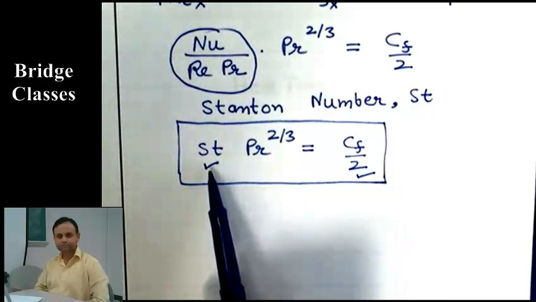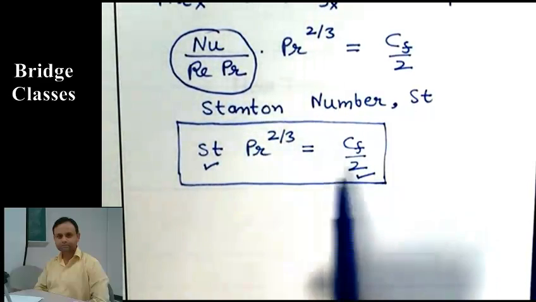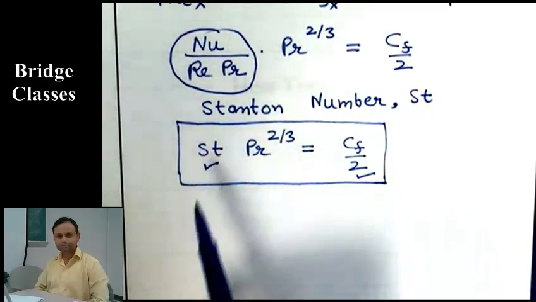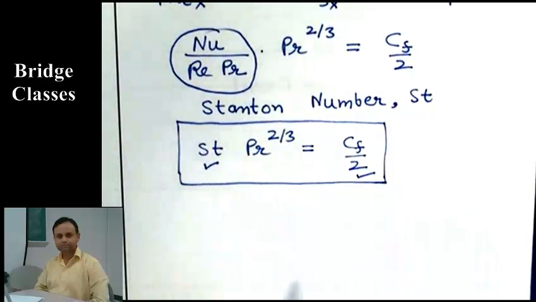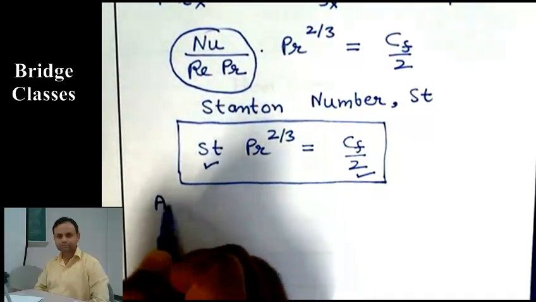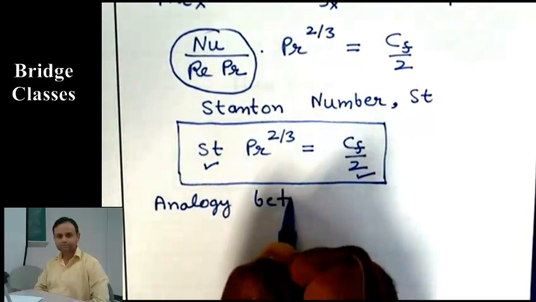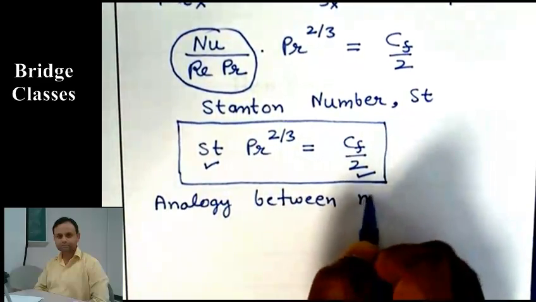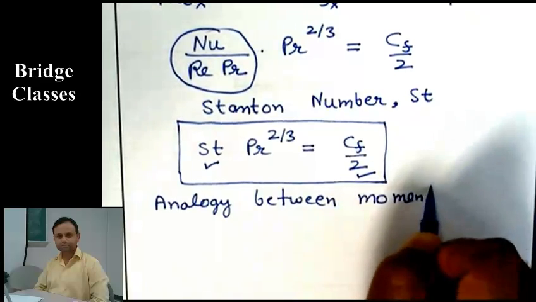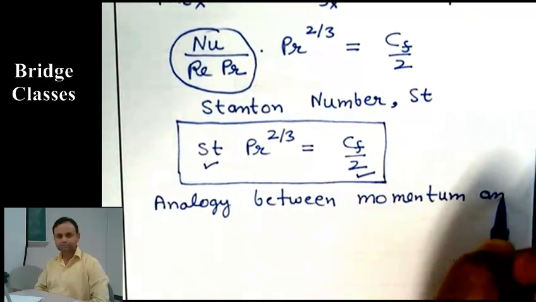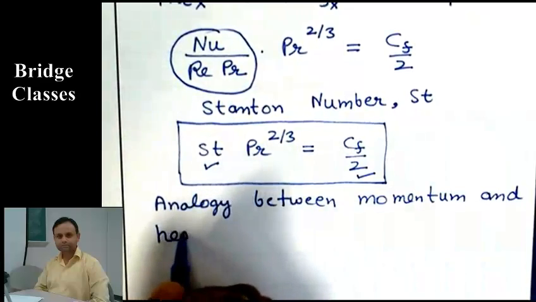So you can say that this represents an analogy between momentum and heat transfer. They are related. So this is an example of an analogy between momentum and heat transfer.